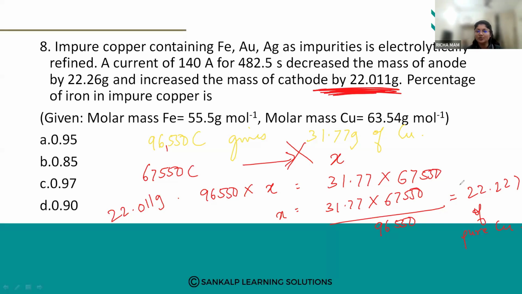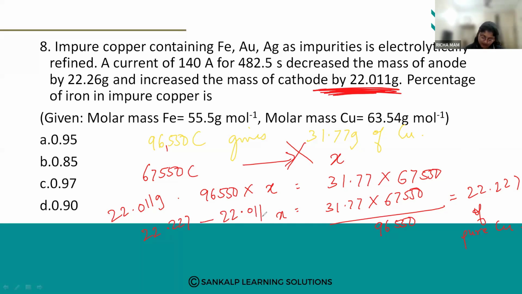Take the proper value: 31.77 into 67,550 divided by 96,550 gives 22.227. So 22.227 minus 22.011.